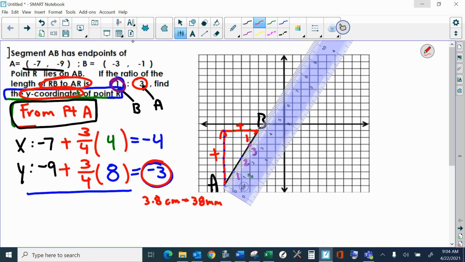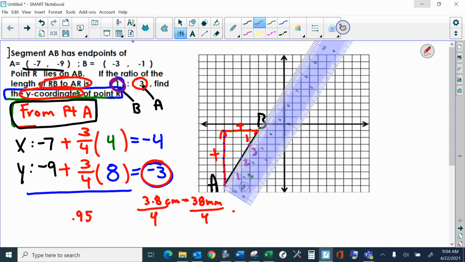Okay, remember I'm dividing that into 4 parts. So divide this by 4. And that is 0.95. So every 0.95 centimeters, I'd be going 1 part.